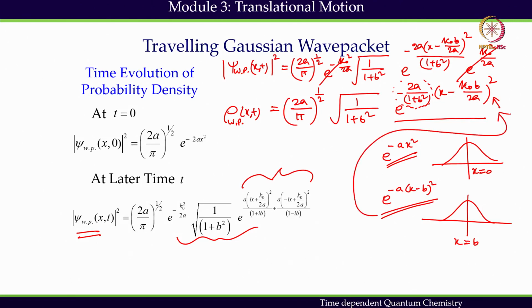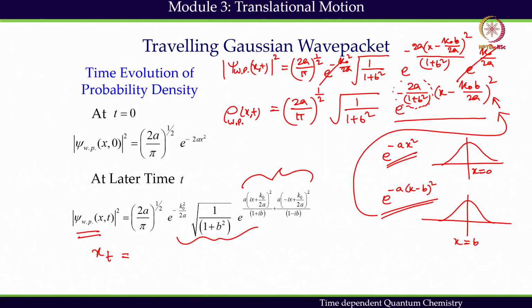So, what we see here is that the center of the Gaussian is changing in this case, and the center of the Gaussian will be represented by x t, because it is t dependent center.